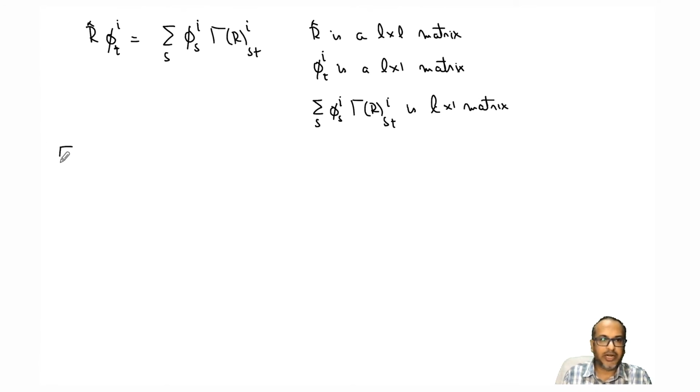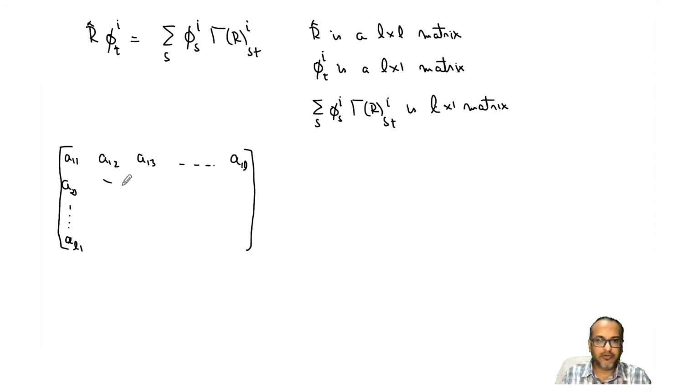Let us see what I mean by that. If I write the above equation in terms of matrix representation, this is A11, A12, A13, going all the way to A1l, and similarly here A21, Al1, and if I go like this, this will be All.